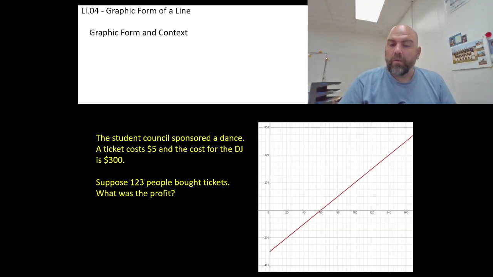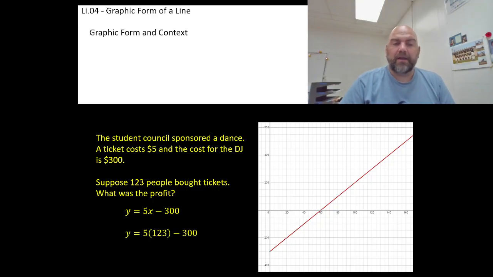Here's the question. Let's suppose 123 people bought tickets for the dance. What is the profit? Well, we could use this graph and try to figure out exactly where 123 is and where that value is, or we can use our equation. Let's use the equation. Okay, so let's plug 123 people in for tickets, which happens to be our X value right there.